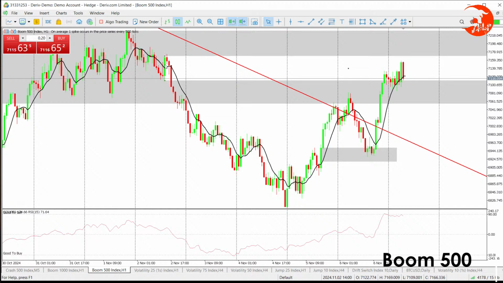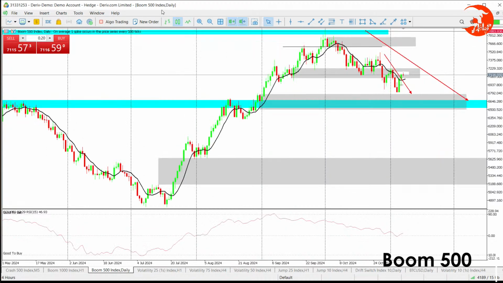That is the order block that has been reacted from. Looking at daily, we are looking for a retest, and price is just above the 10 MA.